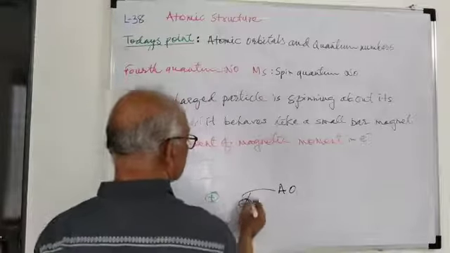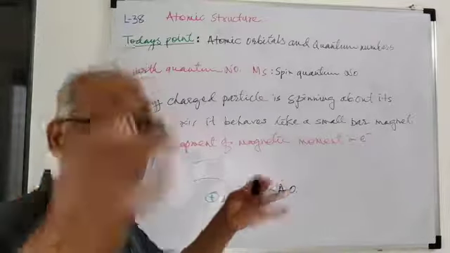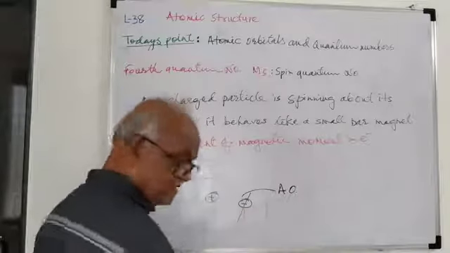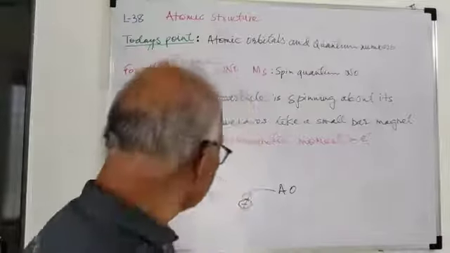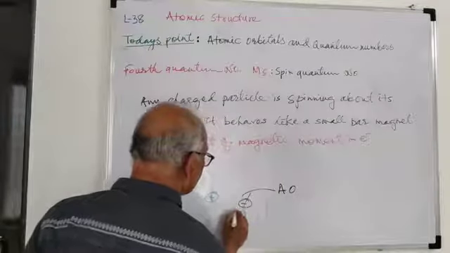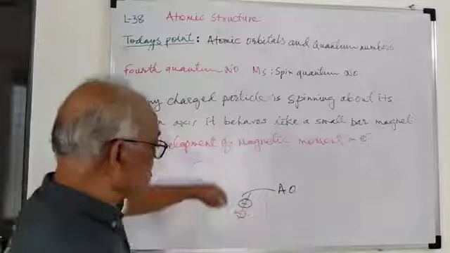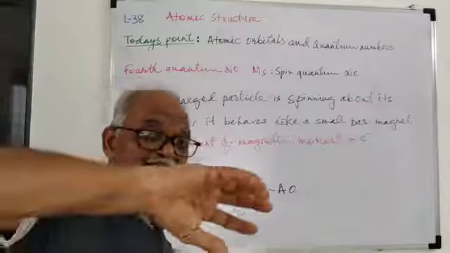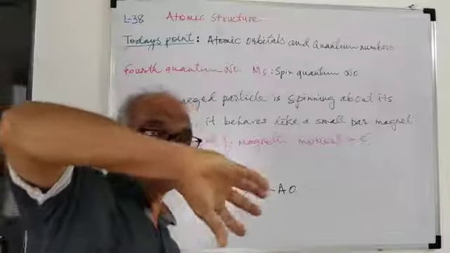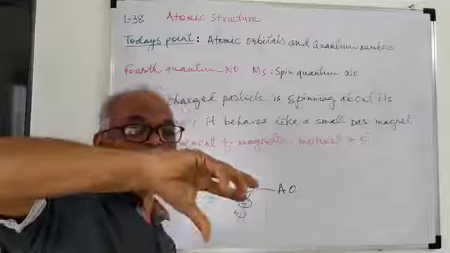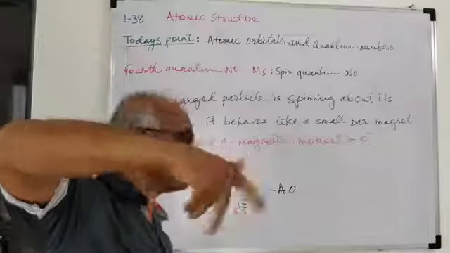This electron has its own axis, and the electron is spinning about its own axis in clockwise direction, the direction in which the hands of the clock move.